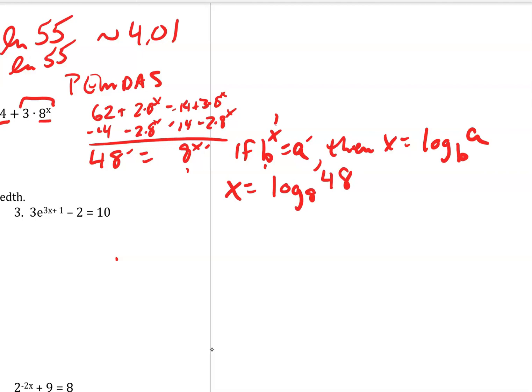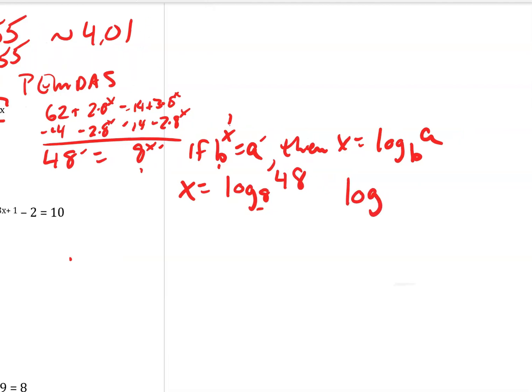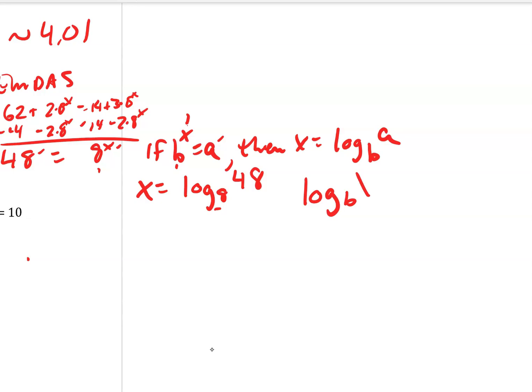Now to do this, we don't have a log base 8 in our calculator, so we have to use our change of base formula, which says that log base b of x equals log base a of x divided by log base a of b. Here's the weird part. This b is now 8.